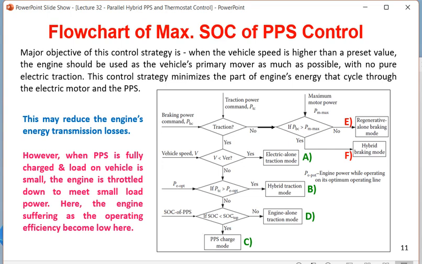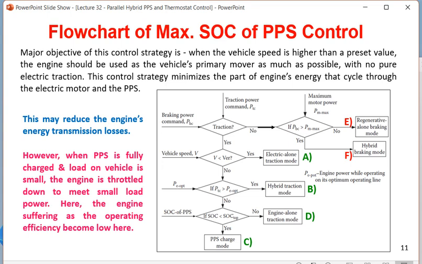SOC is actually already at SOC top. At that time the engine controller will reduce the opening of the throttling valve. In that case, engine is throttled down to meet the small load power. Here the engine is suffering as operating efficiency becomes low, because we are trying to generate very less power from the engine. Engine is not even there in the mid range of the power generation. So in this case the engine efficiency will reduce.